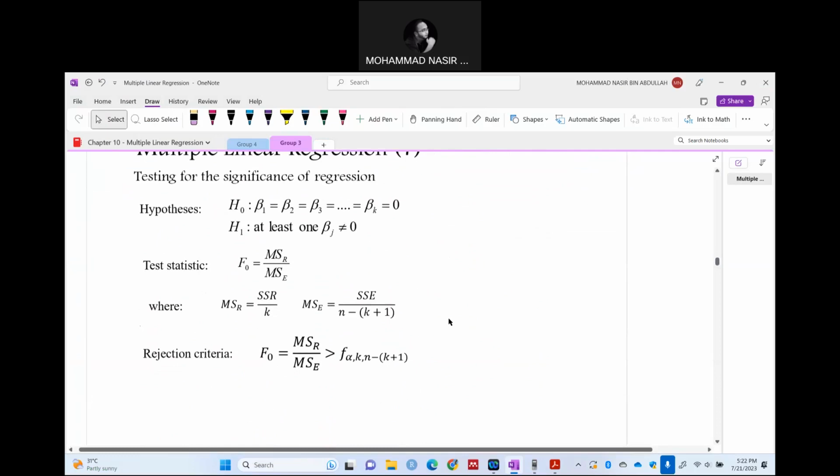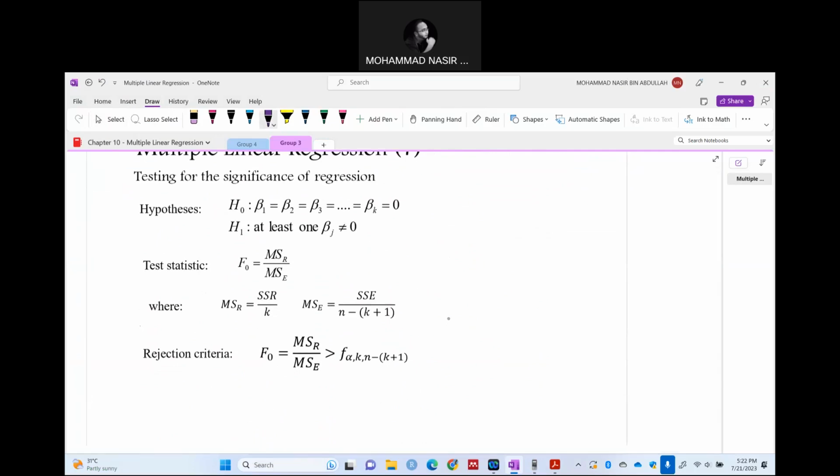The ANOVA. If you want to test the significance of regression, we will use ANOVA table, right? If you still remember from yesterday, to test the significance of regression by using ANOVA table, null hypothesis beta 1 equal to 0, alternative hypothesis beta 1 is not equal to 0, right? So this is for simple linear regression.